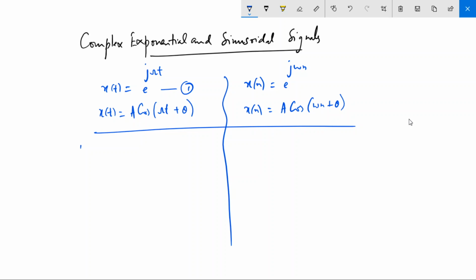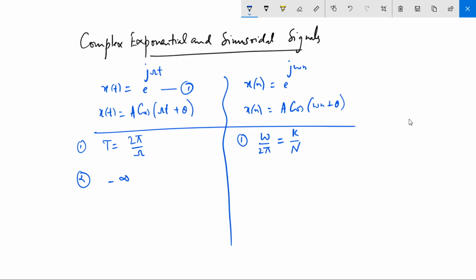The first difference was this is periodic always with a time period of 2 pi by omega. These two signals may or may not be periodic depending upon whether the frequency omega by 2 pi is a ratio of two integers. If it is a ratio of two integers, then only it is periodic, otherwise it is aperiodic.